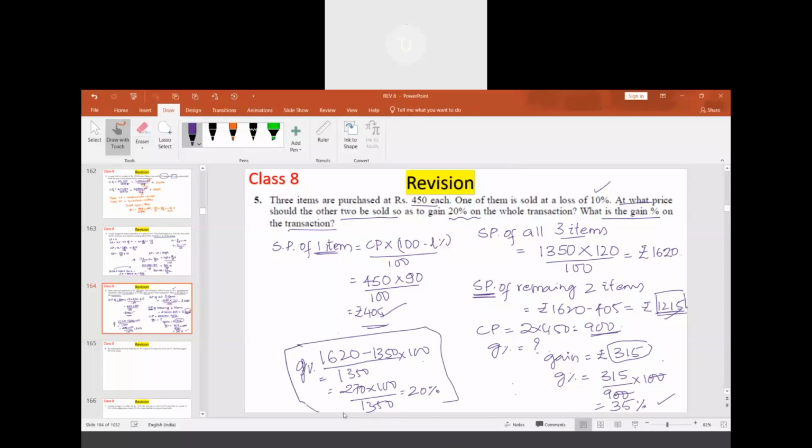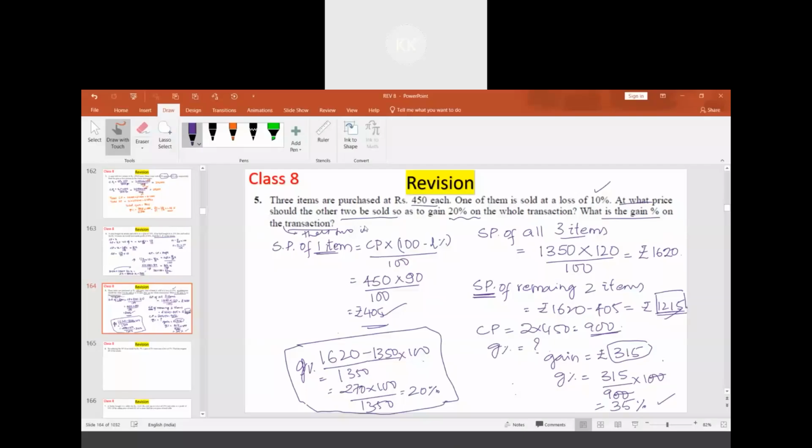Remember, in case they ask what is the gain percent on these two items instead of the whole transaction. Sir, in question two itself, they had given 20% on the whole transaction.